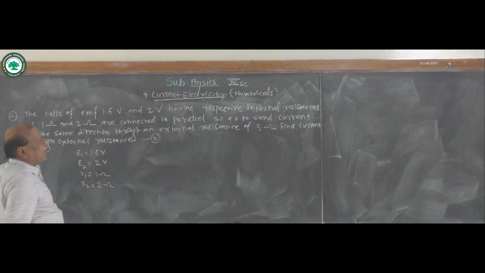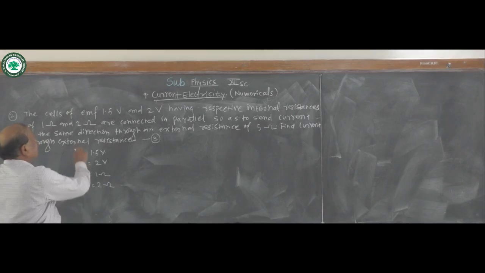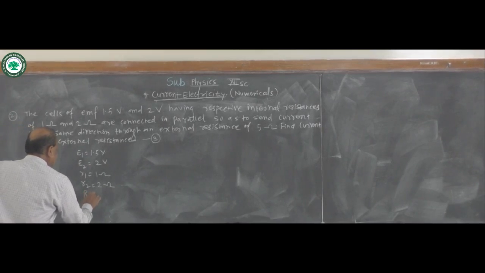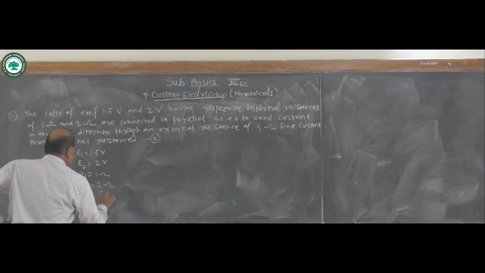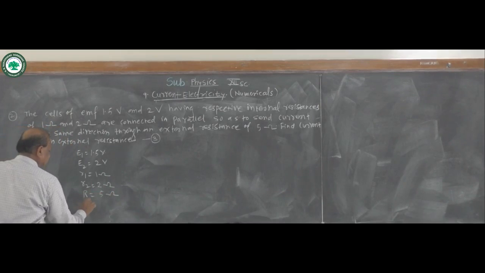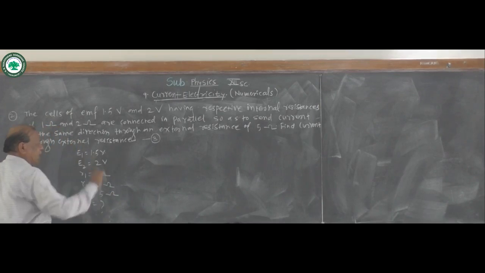They are connected in parallel so as to send currents in the same direction through an external resistance of 5 ohm. Find the current through this external resistance, which means we have to calculate this I.